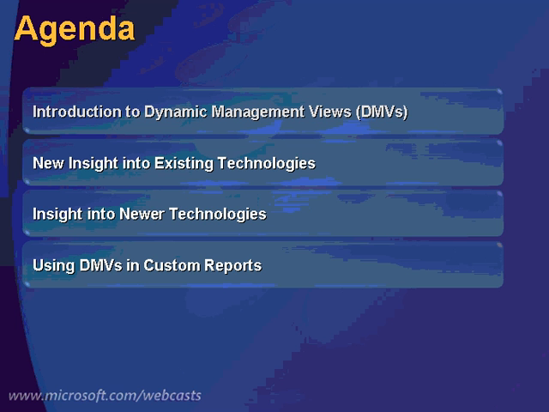A really nice new addition is the ability to add custom reports into SQL Server Management Studio, which was added in Service Pack 2 of SQL Server 2005. I want to show you quickly how you can build and add reports involving DMVs and pop them into SQL Server Management Studio, where they'll be a lot more useful to you.